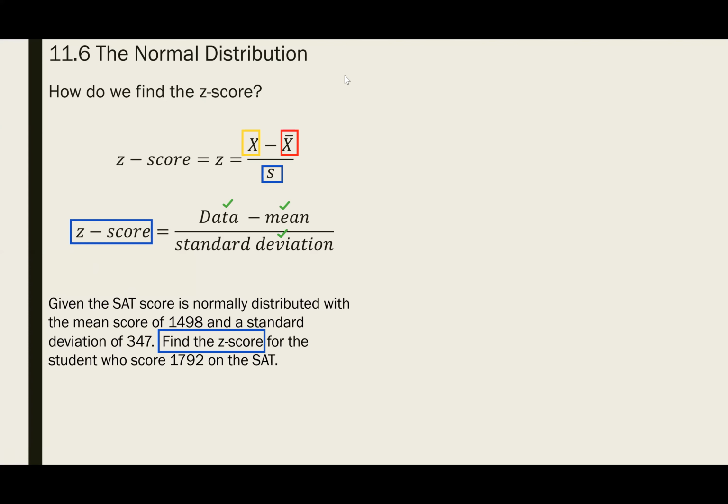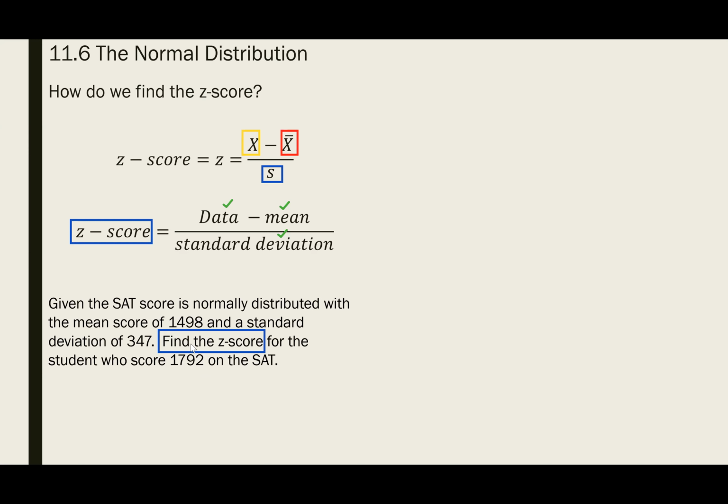This is what they ask you: given the SAT score is normally distributed with the mean of 1,498 and the standard deviation of 347, find a z-score for a student who scored 1792.